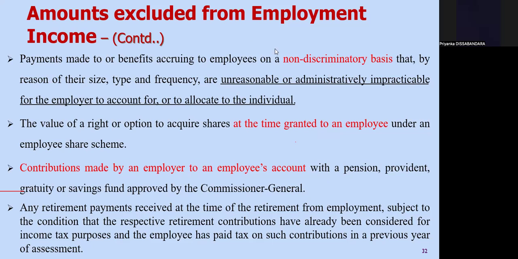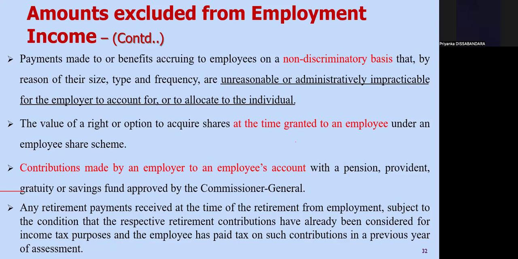If it is non-discriminatory basis, that by reason of their size, type and frequency are unreasonable or administratively impracticable for the employer to account for or to allocate to an individual. If that is not reasonable, if it is administratively impractical to calculate one's benefit, then we do not consider that benefit as a benefit of the employee.